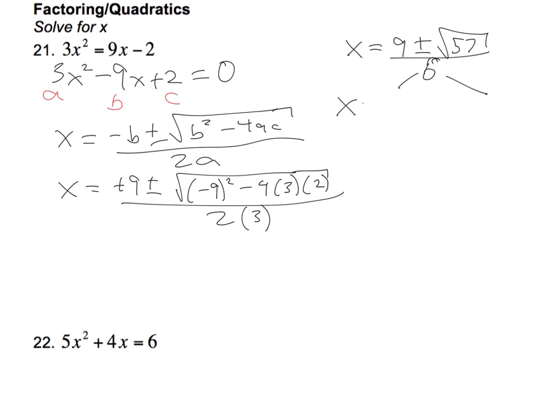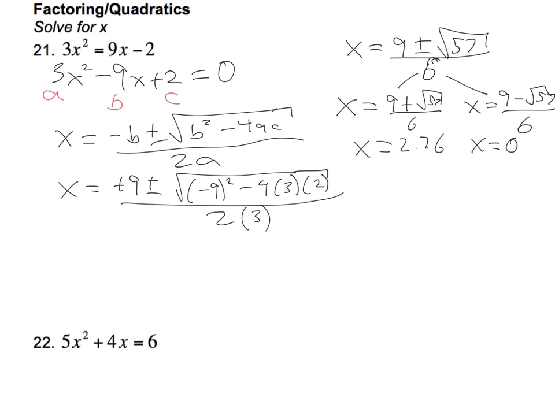So x equals 9 plus the square root of 57 over 6, and x equals 9 minus the square root of 57 over 6. And so the 2 answers that I'm going to get here are x equals 2.76 and x equals 0.24.